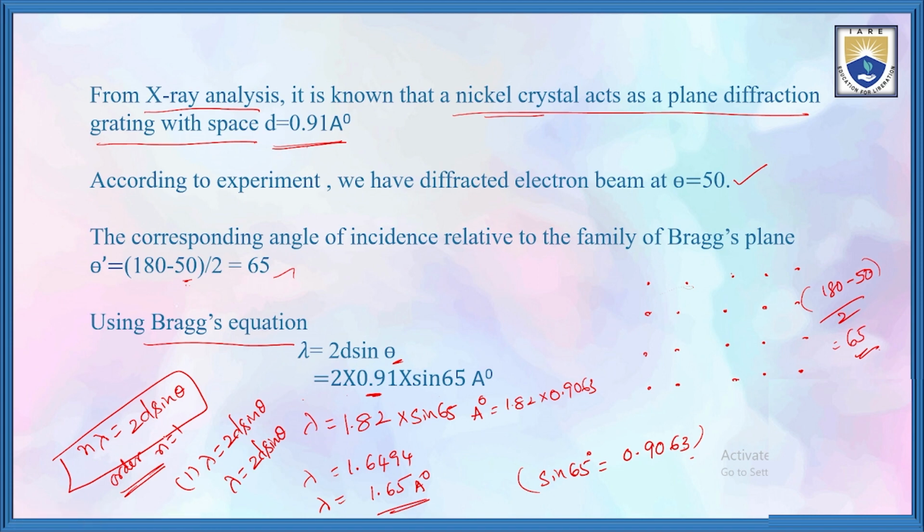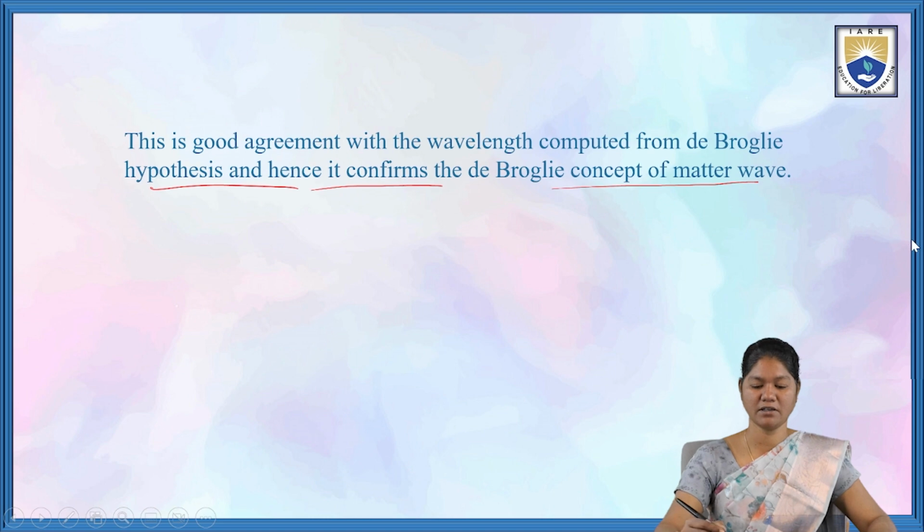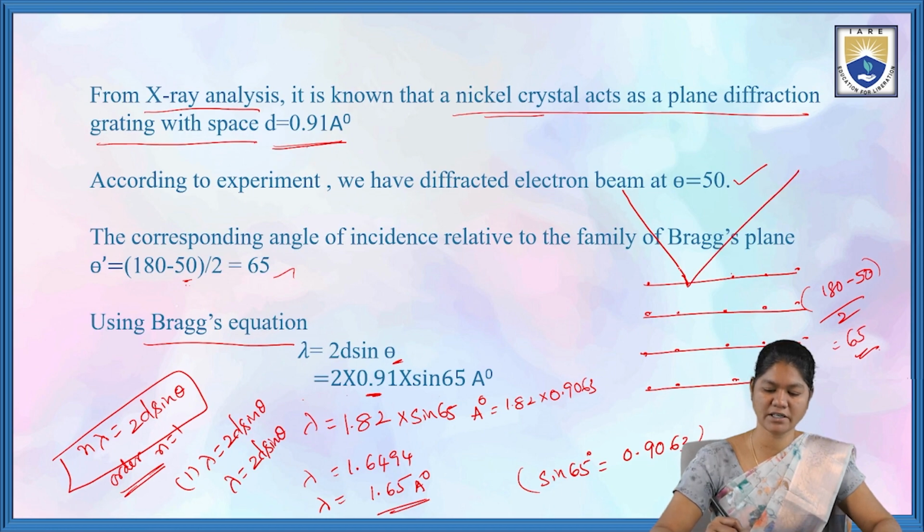This is the nickel crystal lattice plane. Here there is a first plane and a second plane, because it is a plane diffraction. This is the incident beam of electrons. When it hits the target nucleus of the first plane, it scatters with some angle, 50 degrees.